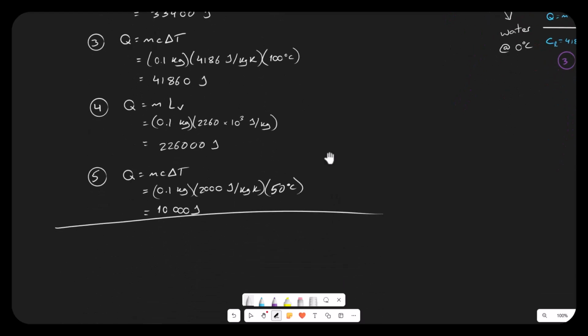And altogether that works out to be 315,440 joules for the whole process. None of them were particularly arduous pieces. It was a lot of small bite-sized pieces, and we are just figuring out how to put them together. That's bringing heat into phase changes.